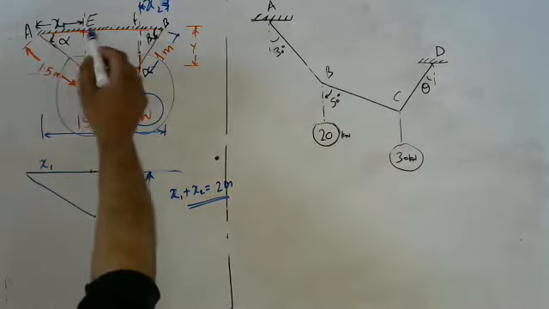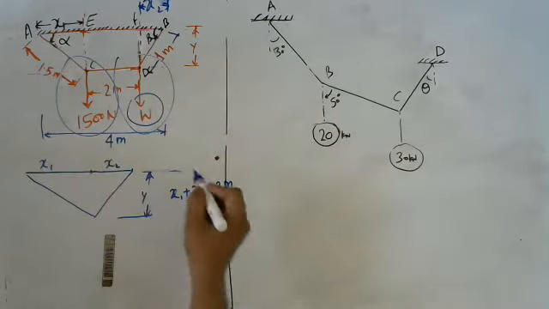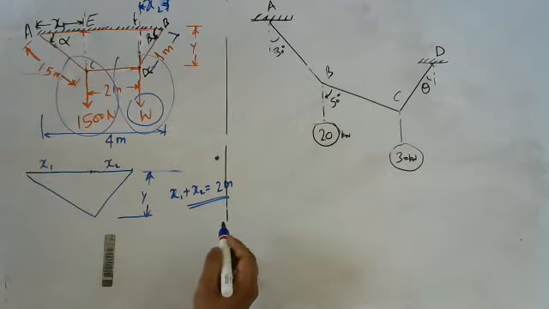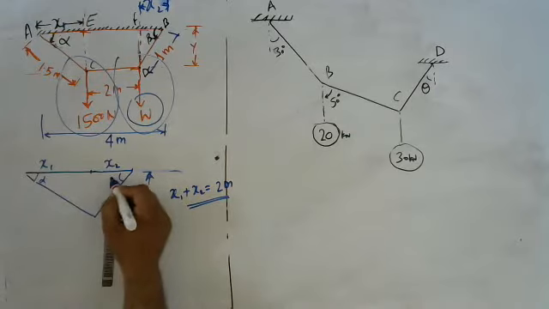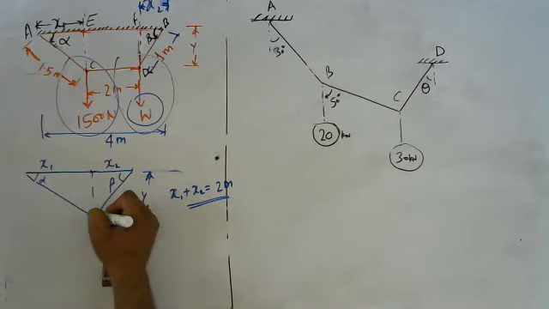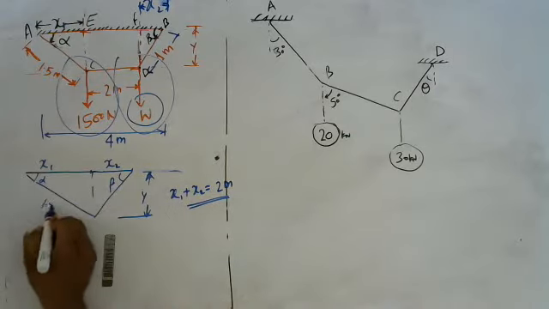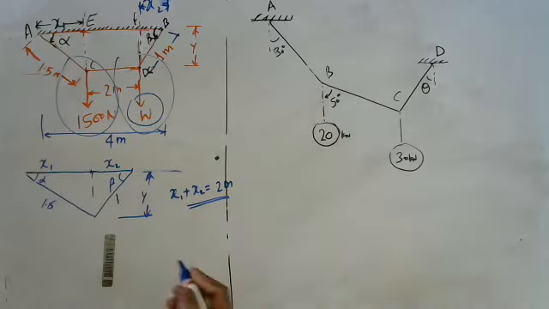Clear? This distance is 4 and this is 2 meter, so x1 plus x2 is 2 meter, and this is y. Let us find this angle alpha and this angle beta. To find this, we have this is 1.5, this is 1, given.